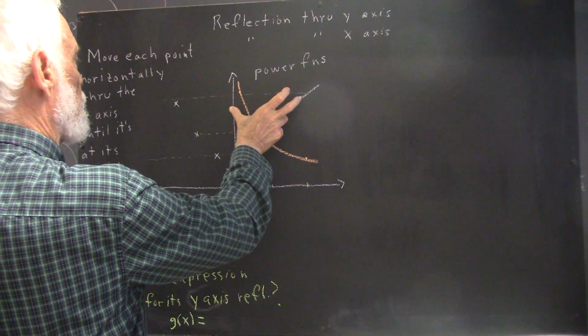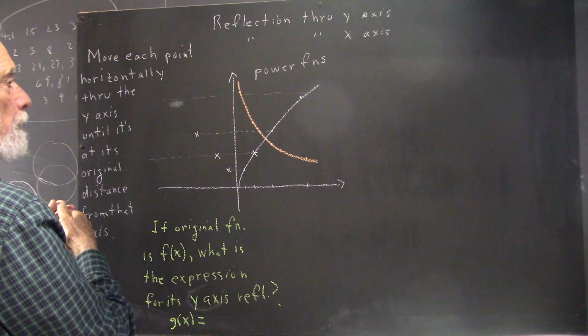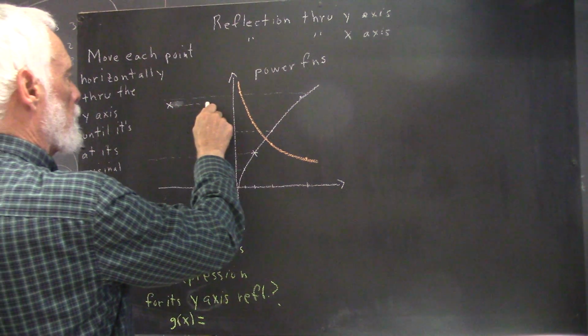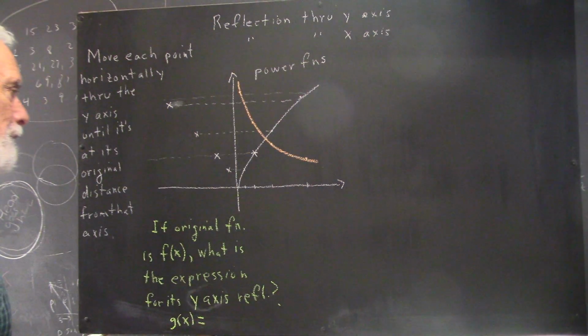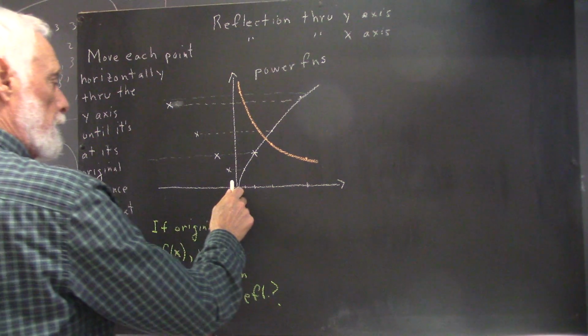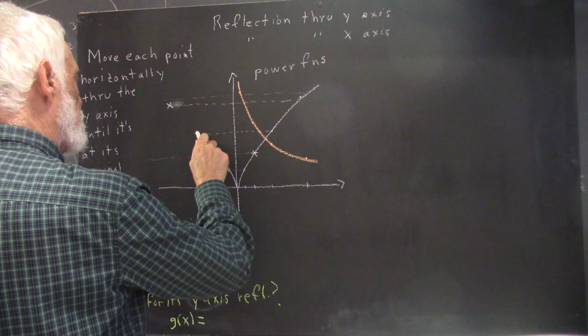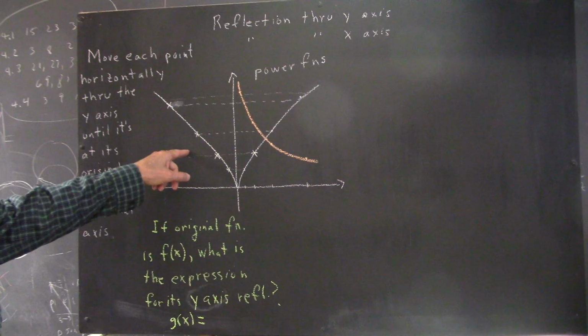Maybe I should have gone a little further because that doesn't look like it's going to work out. So we've got to go to about there. Okay, so I'll draw the reflection line here, and now it's a little bit low, but that's okay. Now, if I've done that correctly, and then I connect these points with a smooth curve, I get the reflected graph.